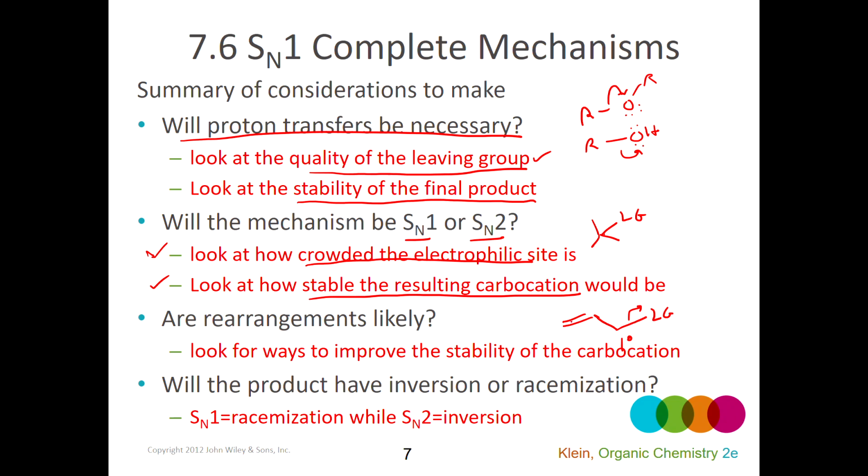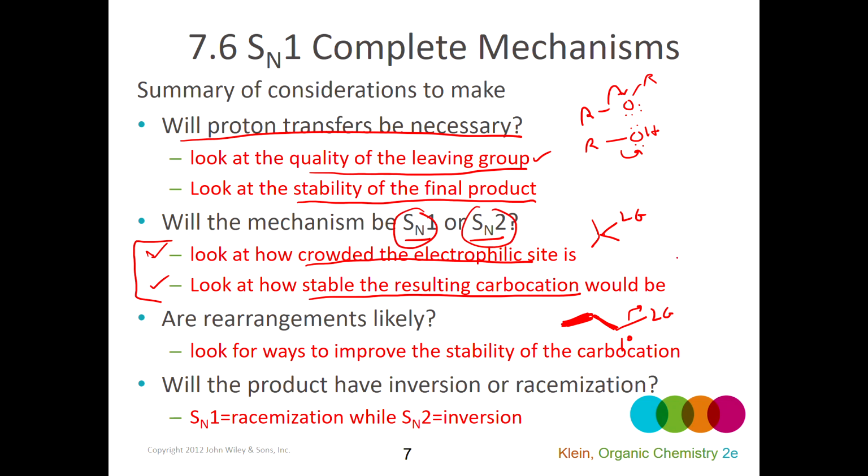If I don't have a pi bond here, and it's just a sigma bond, then I'm pretty much never going to have an SN1, because if the leaving group left behind a primary carbocation that's not stabilized by resonance, it would be too unstable to form in any reasonable time frame, so I wouldn't see that reaction. So looking at sterics and the stability of the carbocation will help us to understand which mechanism will occur in almost every instance.